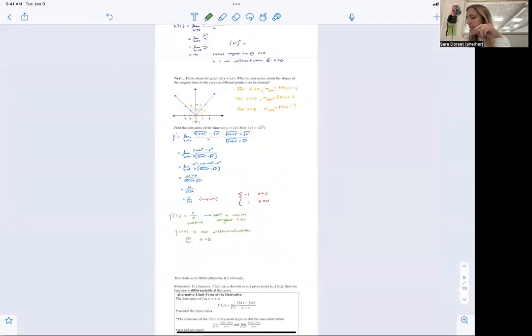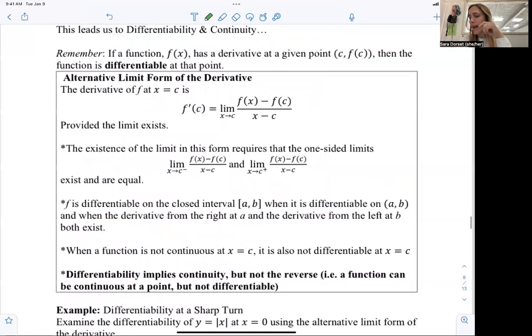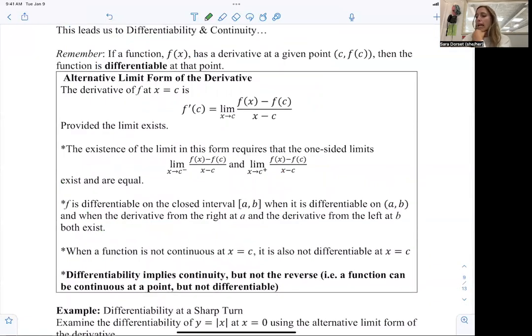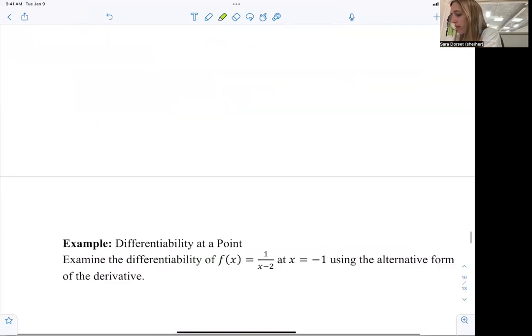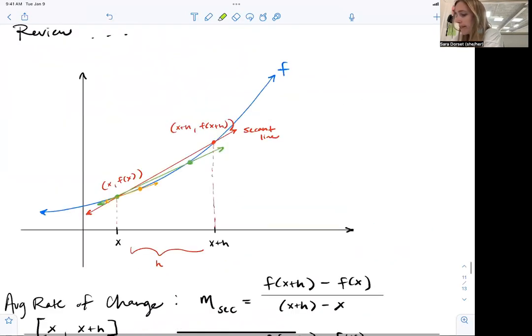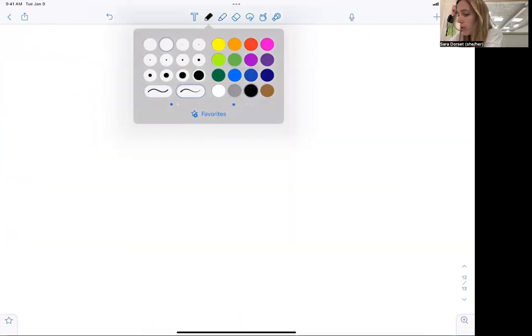But this leads us into our discussion about differentiability. In order to talk about differentiability at a point, it can be helpful to use this alternative form of the derivative. To go back to our picture, let me draw a curve real fast.